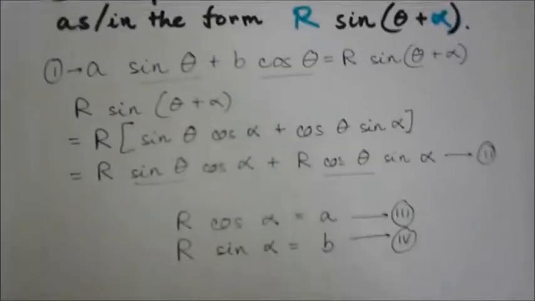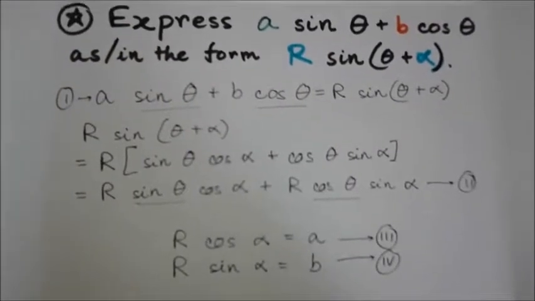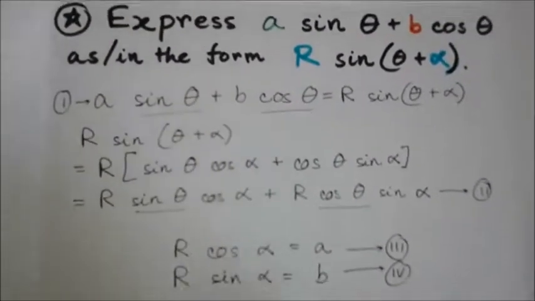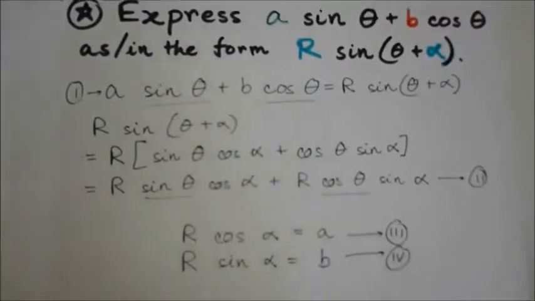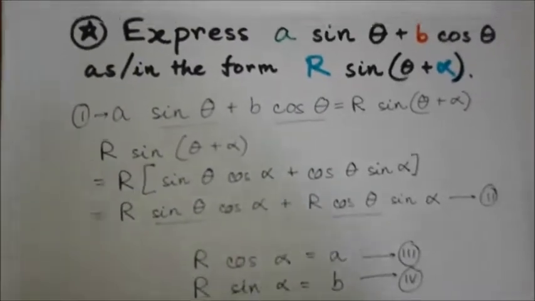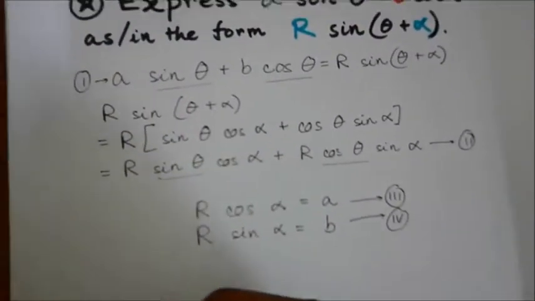So basically the use of this entire expression right here is to find the minimum and maximum values of a sine theta plus b cos theta. And the way we find this out is, well, I'm just going to be very brief here. I'm not going to delve too deep into the algebra.